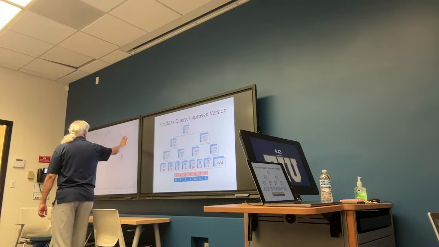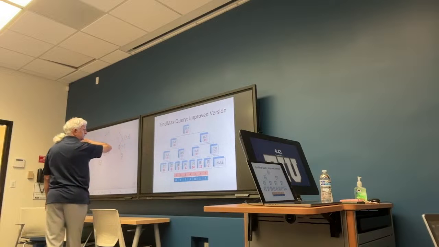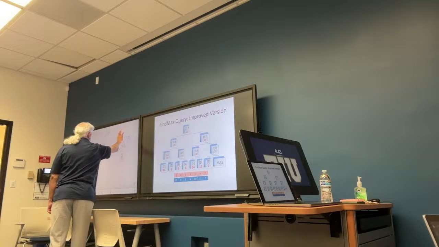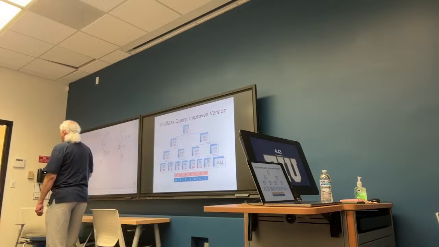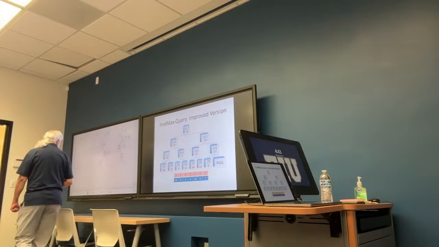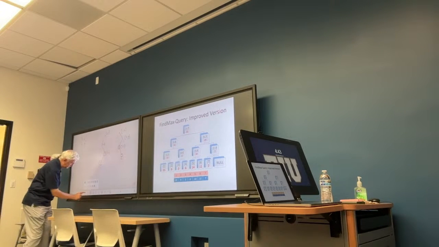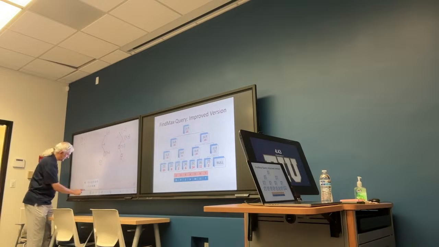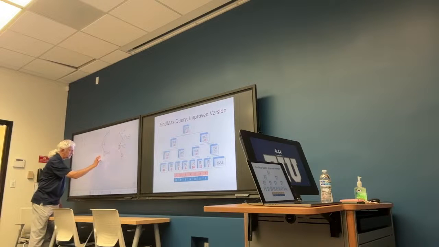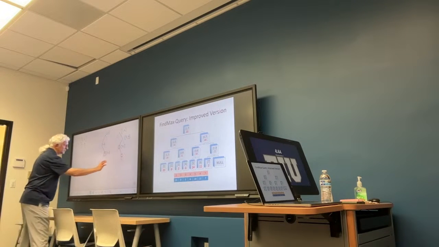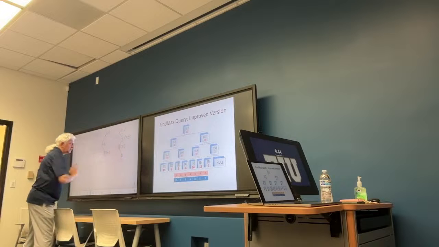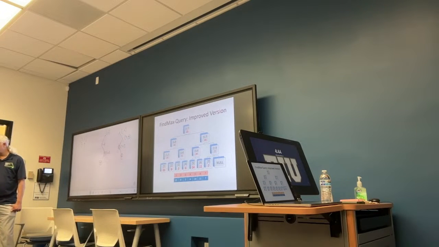This guy here is not, because the range here is 5, 7, and the range here is 1, 7. Okay, so effectively the only relevant nodes here are this guy here and this guy here.